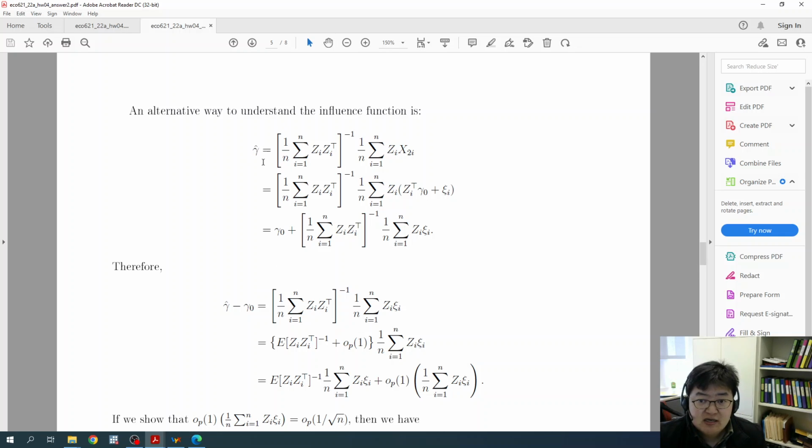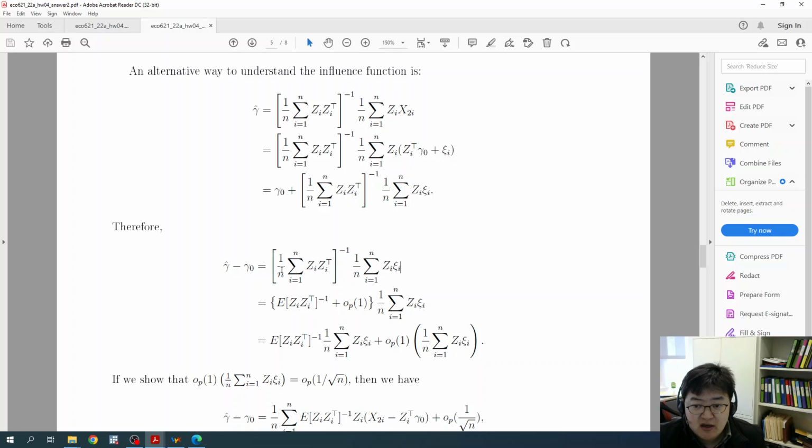So gamma hat minus gamma 0 depends on psi. But what we are going to do here is, we know this inverse will converge in probability to this, right? So this plus an error term that converges in probability to 0. This is the notation for that.